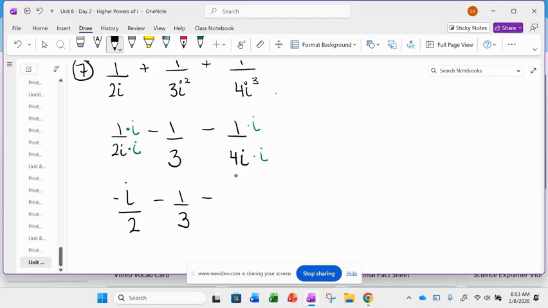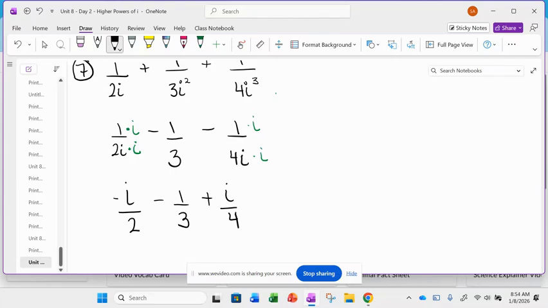And then I'm going to have a positive i over 4. Why did I change that to a positive plus i over 4? Because the negatives canceled, because the i times i squared was a negative, and we already had a negative up there.